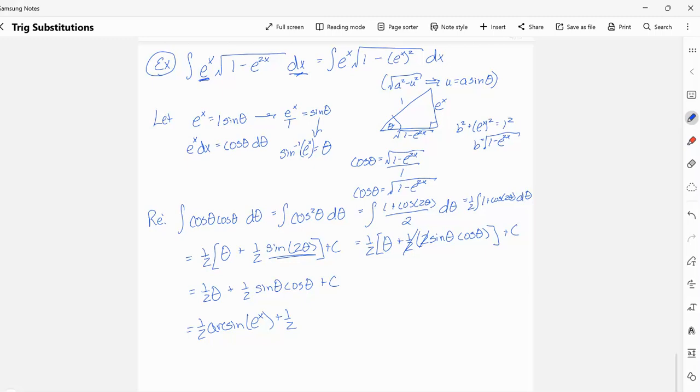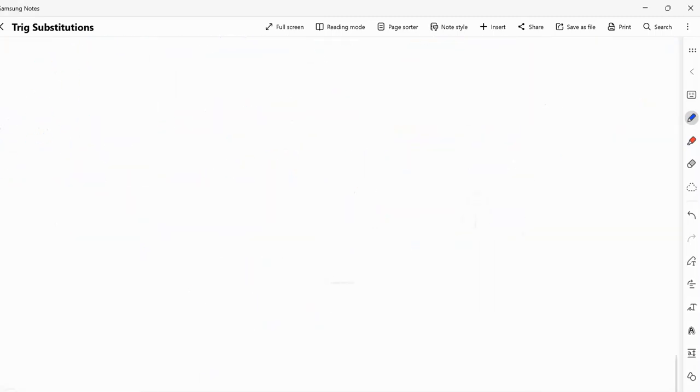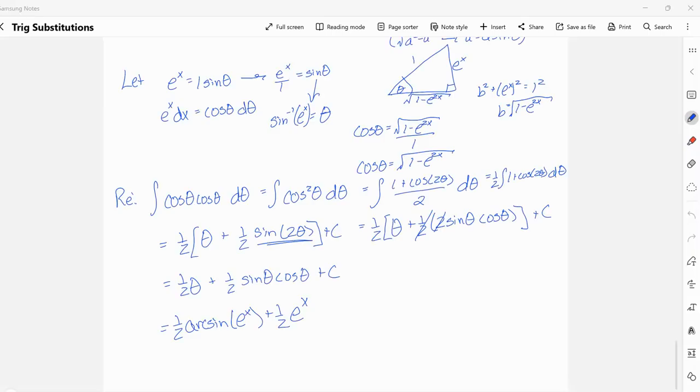Sine is equal to e to the x based on our triangle. Cosine is equal to the square root. Sorry about that. I had a technical difficulty there. 1 minus e to the 2x was our cosine, and then we're going to have a plus c.